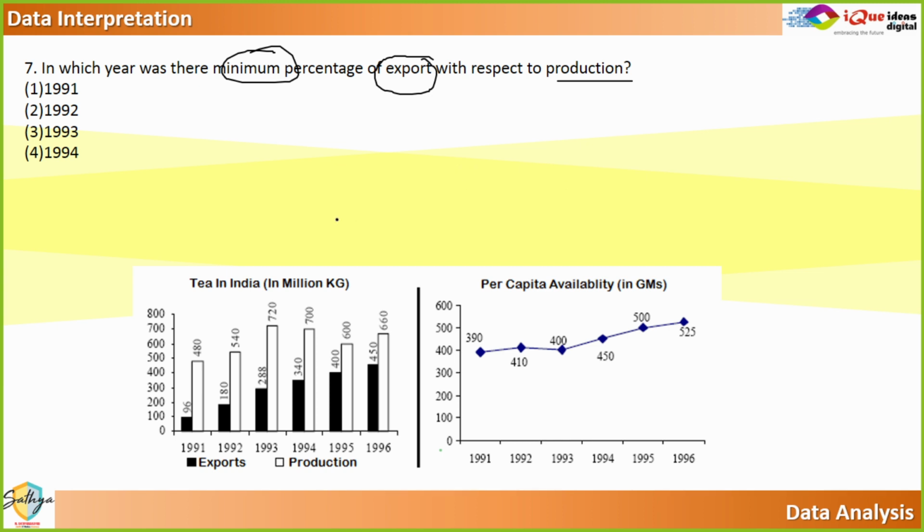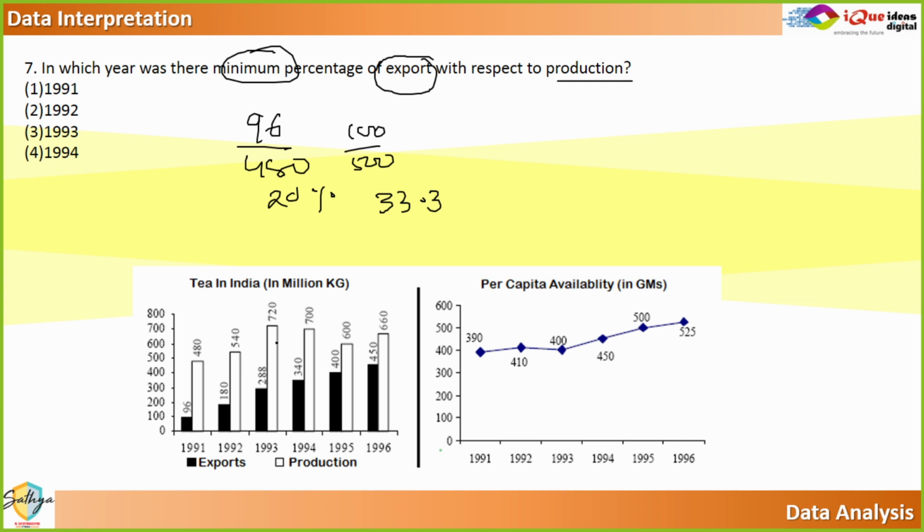So minimum percentage. 96 by 480, round off to 100 by 500, so this is roughly 20%, right? For 92, 54 by 18 threes, 18 threes are 54, so this is 1/3. So the second is 33.3%.